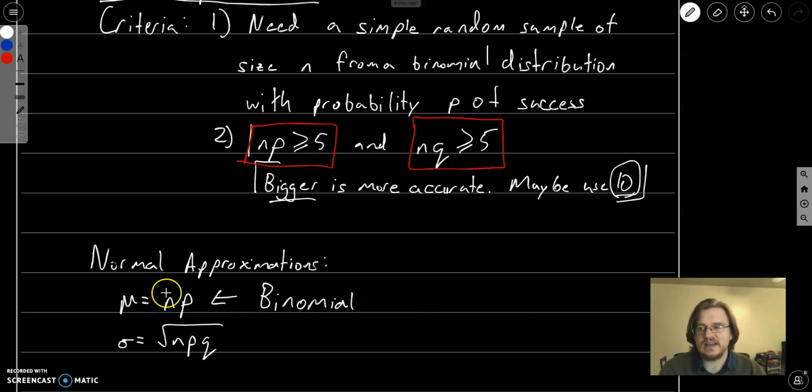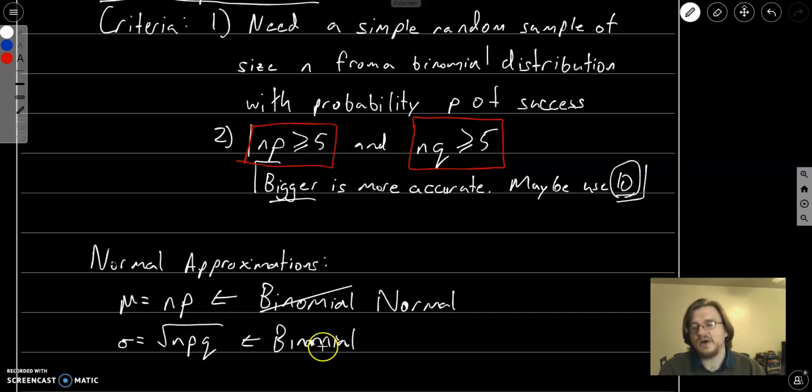And instead of just treating it as a binomial distribution, we'll think of this as a normal distribution. So we're just going to use the mean that we can calculate here and say it belongs to a normal distribution. Likewise, the standard deviation of a binomial distribution, which is written here, is just the square root of n times p times q.